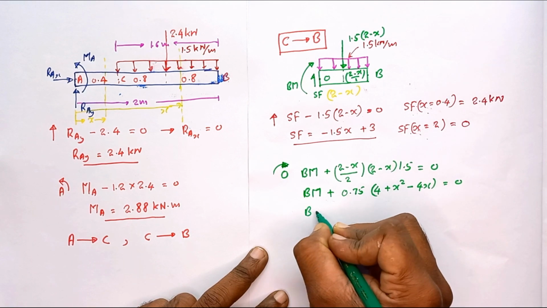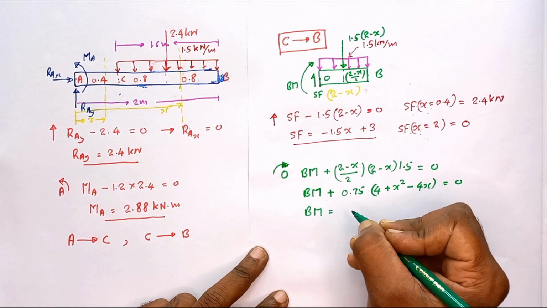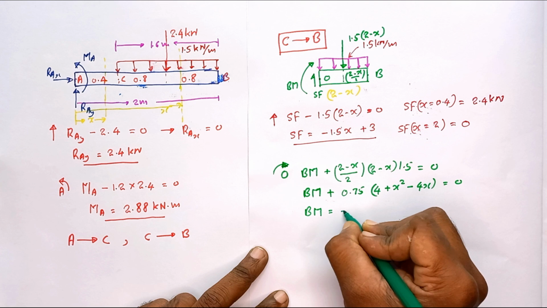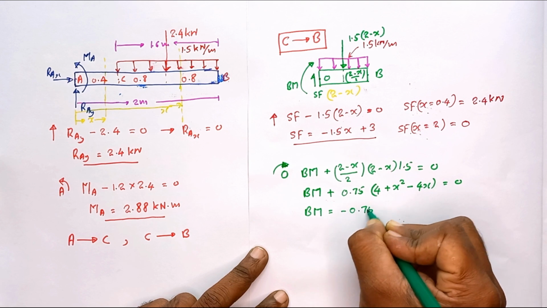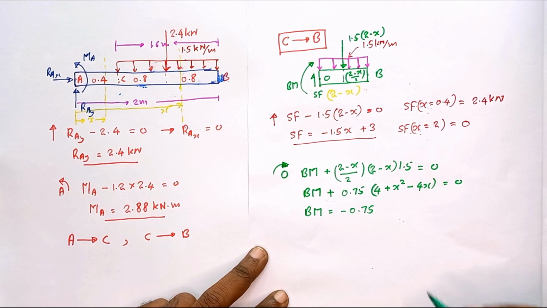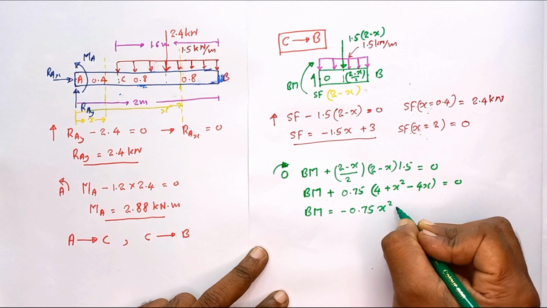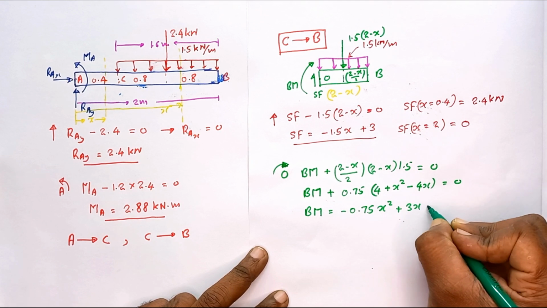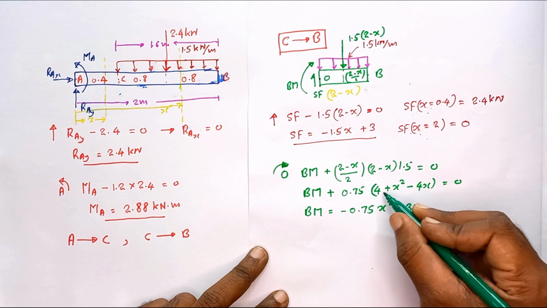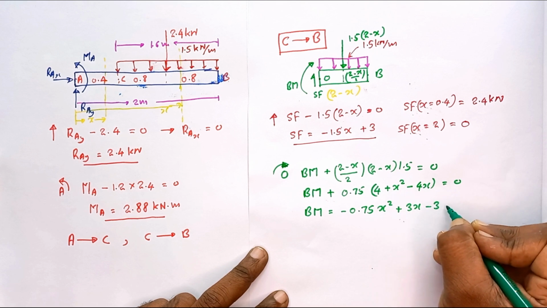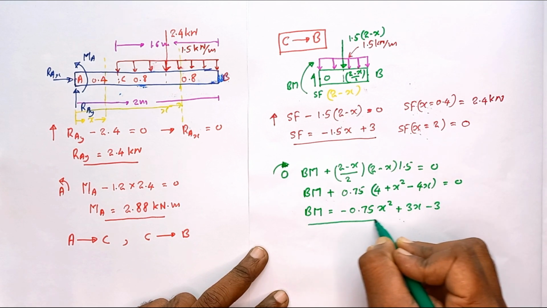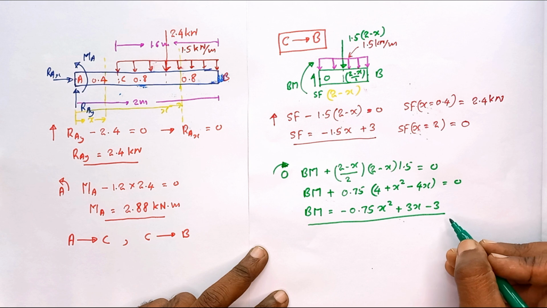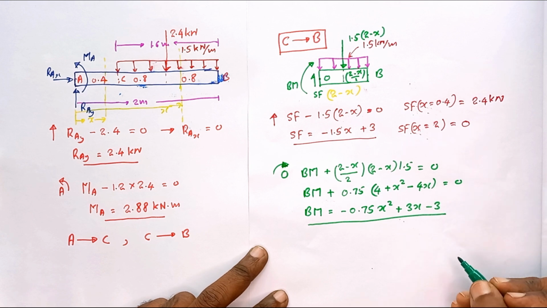Then by making the bending moment the subject, we get the bending moment equal to -0.75x² + 3x - 3. This is the bending moment equation. This is how bending moment varies, in kilonewton meter.